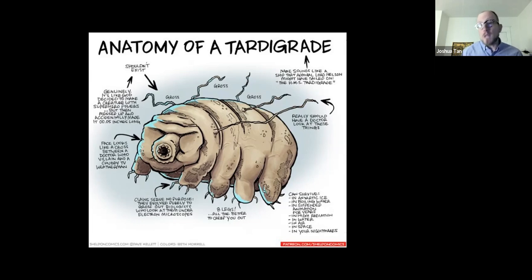You can expose them to high amounts of radiation and they survive. They've been sent to space, and when they come back, they've been shown to survive. There's a lot of different environments that these small little organisms can survive in that human beings, for example, cannot. They might make for good astronauts.